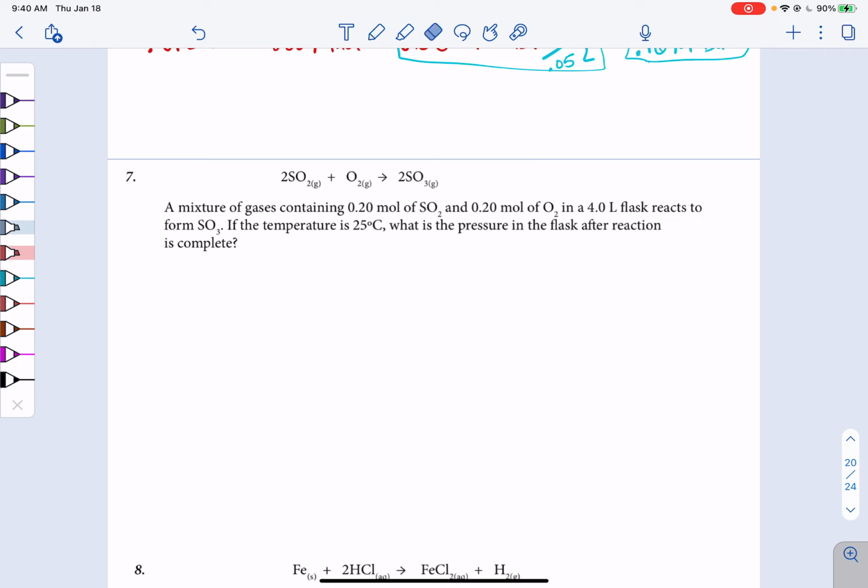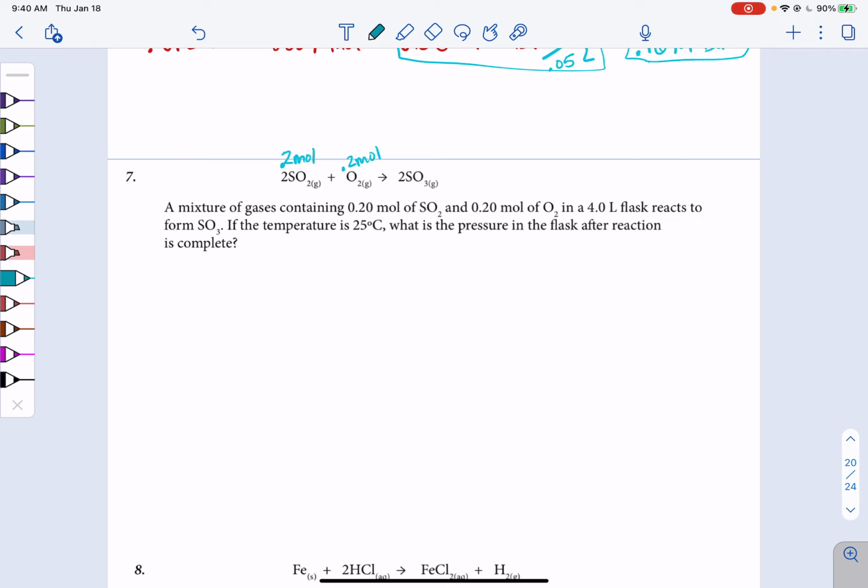So I'm going to go ahead and put this right here, 0.2 moles, and 0.2 moles of oxygen. So before I even get started, I'm going to notice that there are 2 givens right here. So that is probably leading to some type of limiting reactant problem. But we're just going to keep reading just to make sure.